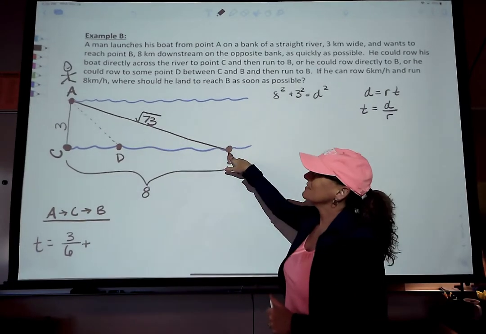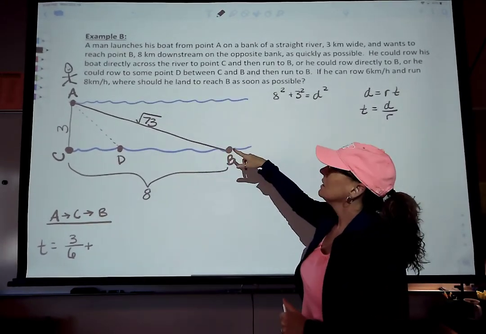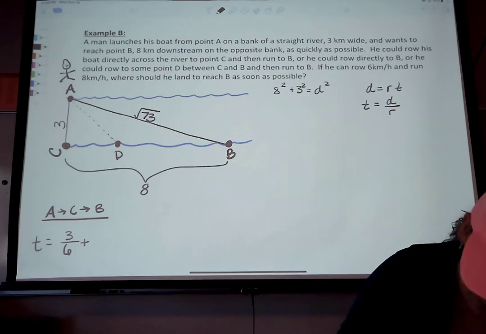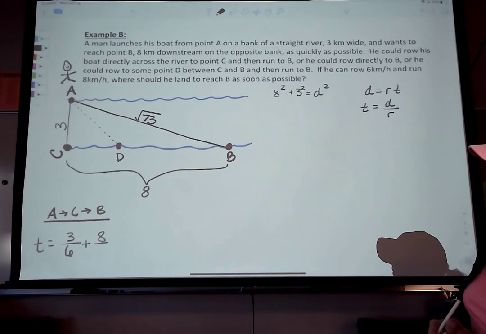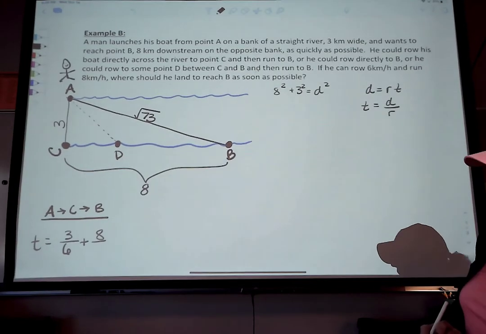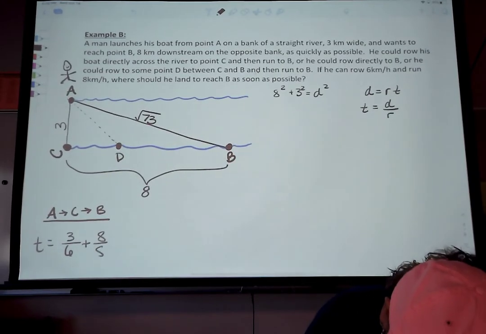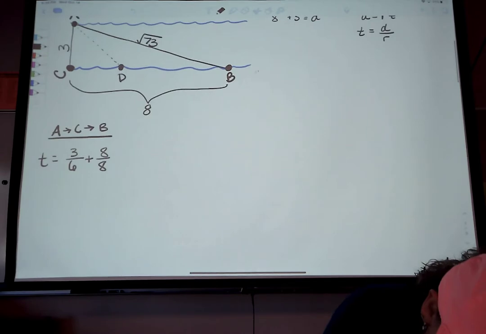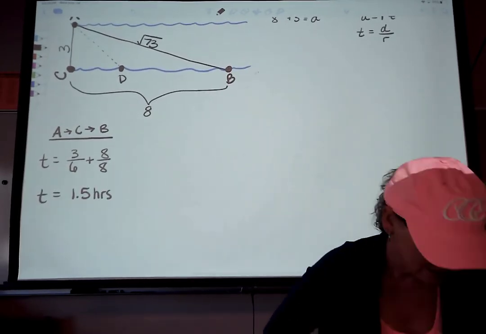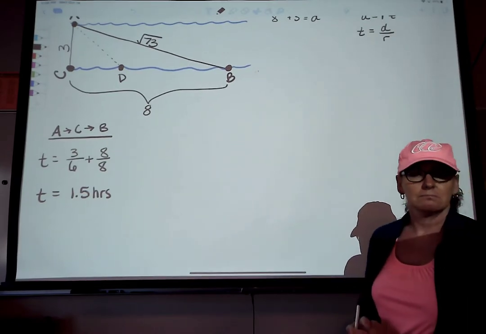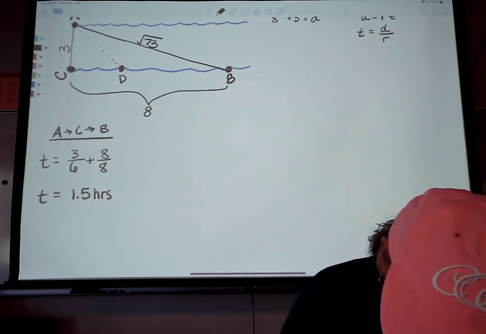Well, that distance is 8. And what is his running rate? His running rate is 8. Okay. So option number 1 is going to take him 1.5 hours.